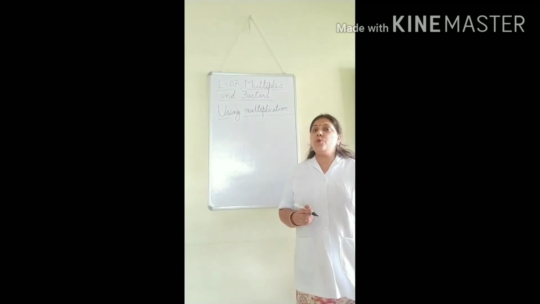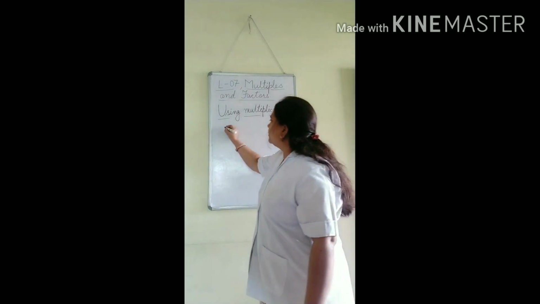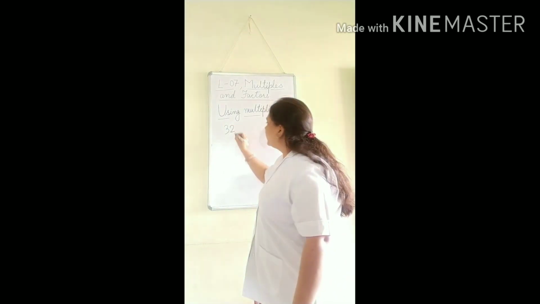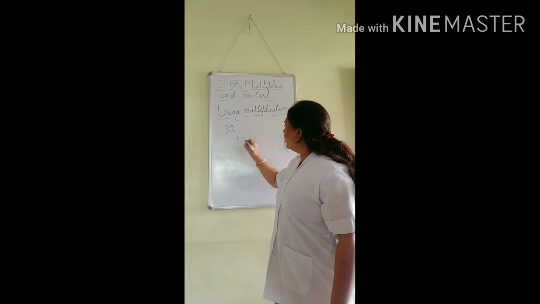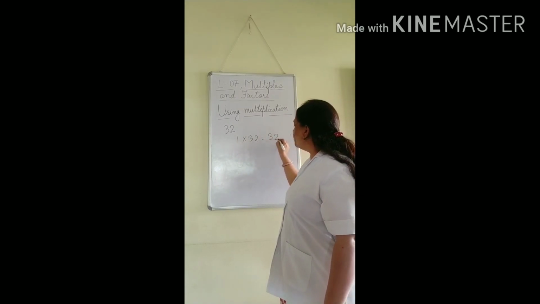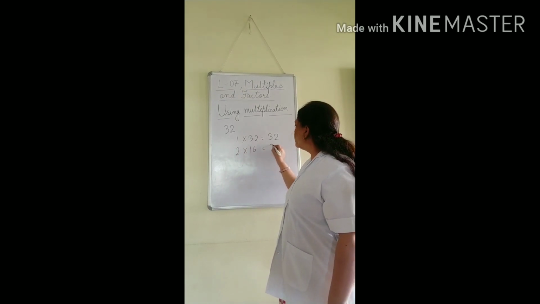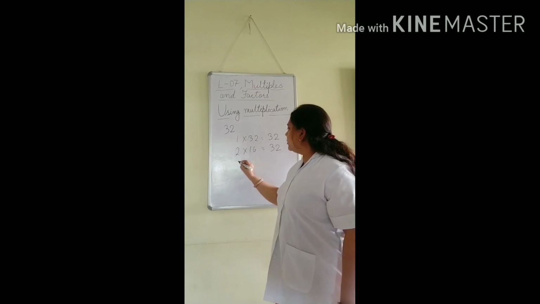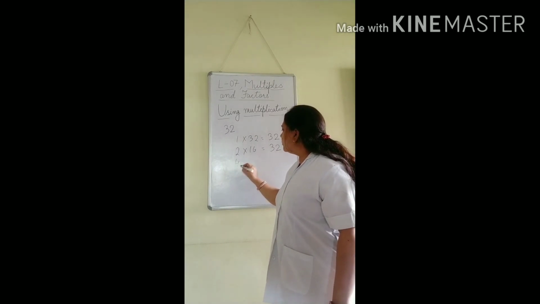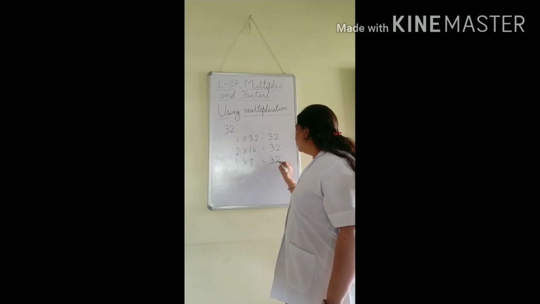Let us see one more example of 32 by using the multiplication method. 1 into 32 is equal to 32. 2 into 16 equals 32. Now 4 into 8 is equal to 32.